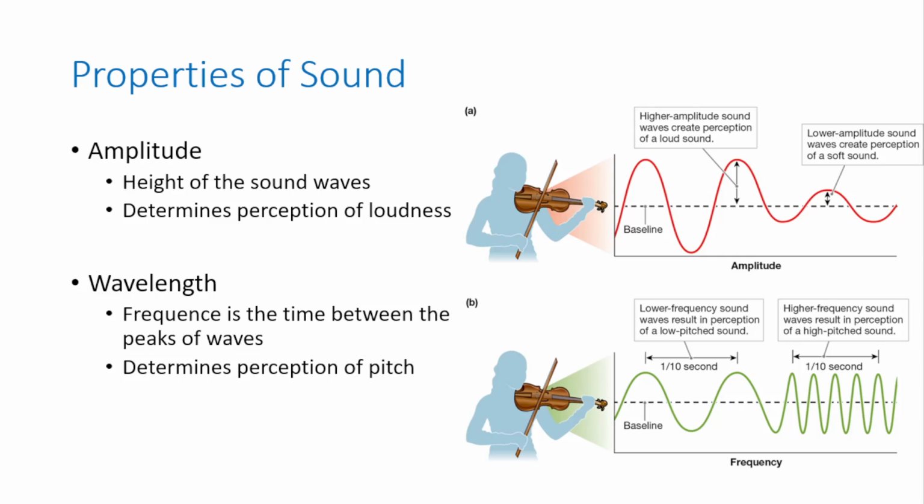And this combination of the many different sounds being produced at one time makes a violin sound like a violin, a trumpet sound like a trumpet, or a human singer sound like a human singing. So there is a greater complexity to how we hear and process sounds than just amplitude or wavelength.